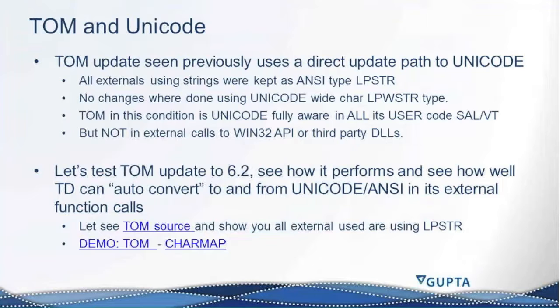I didn't go blindly and change all the data types or variables from LPSTR to LPWSTR, which is a Unicode data type variable. So all externals using strings were kept as ANSI type. No changes were done using Unicode wide characters. All we did was upgrade our application.